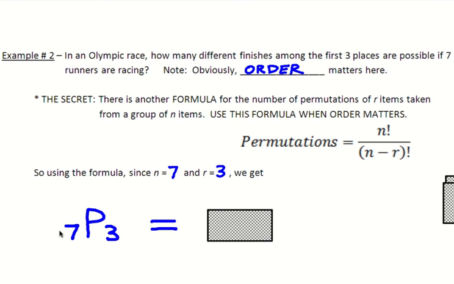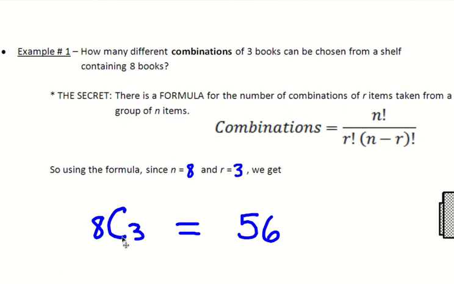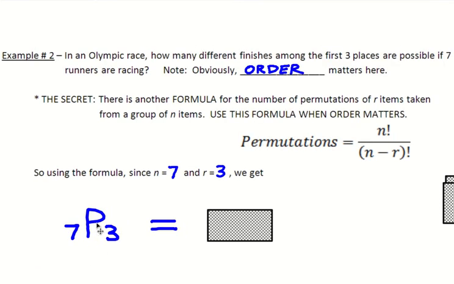And obviously the P really stands for permutations. Just like it is almost easier to understand by saying 8 choose 3, and using the word choose. You have 8 and you're choosing 3.